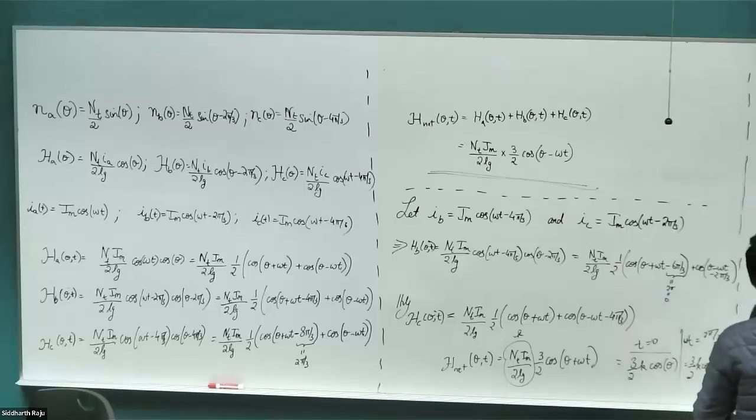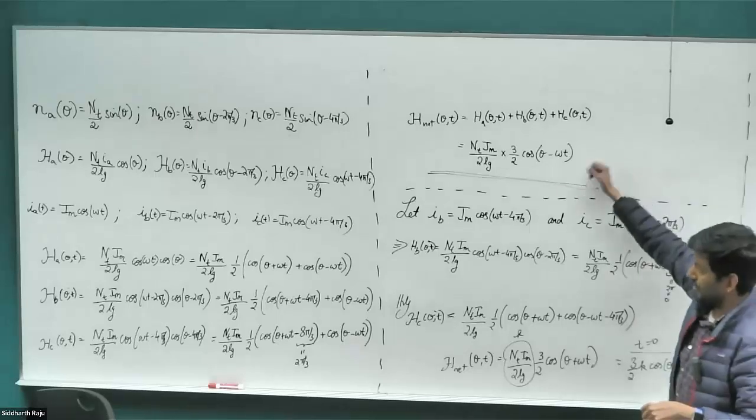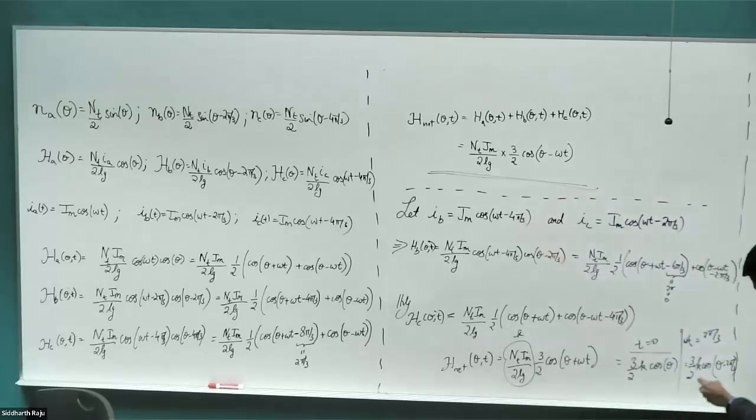The values I calculated are without swapping. If I swapped it, this B and C should have been swapped around. So the original equation is the one without swapping the B and C phase. So once I substitute theta plus omega t, I'm substituting for omega t as 2 pi by 3 here.